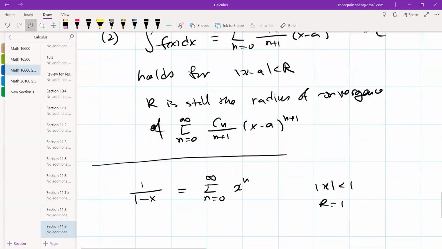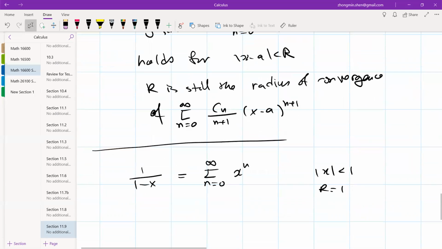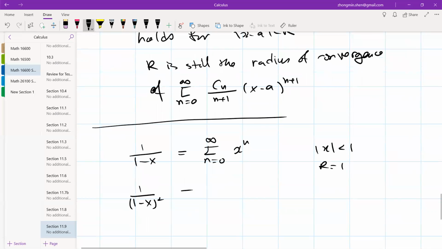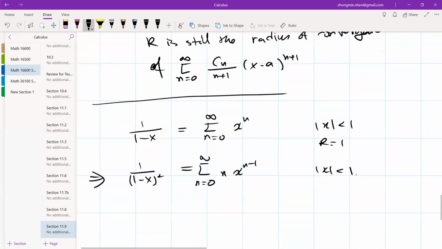If we differentiate, we get 1 over (1 minus x) squared with a positive sign, equal to the sum of n x to the n minus 1, and this still holds. So you get a power series representation for 1 over (1 minus x) squared. And you can keep it going.